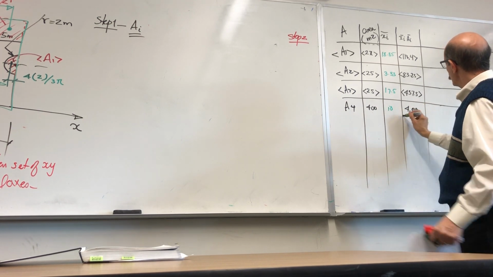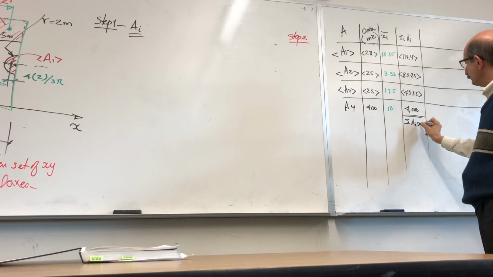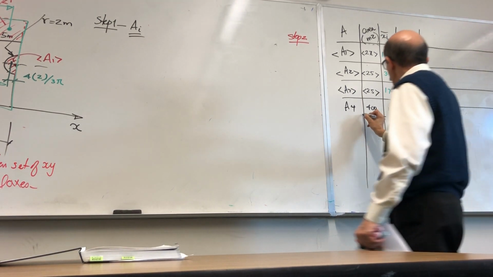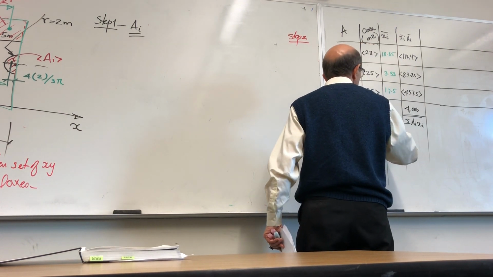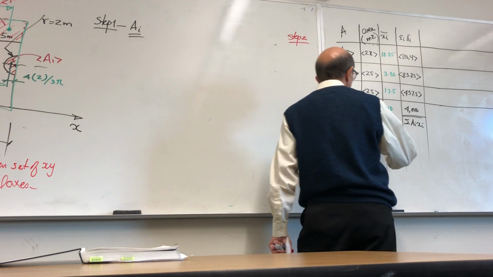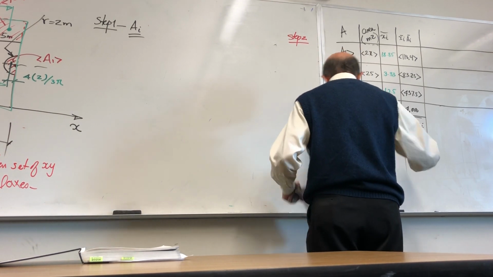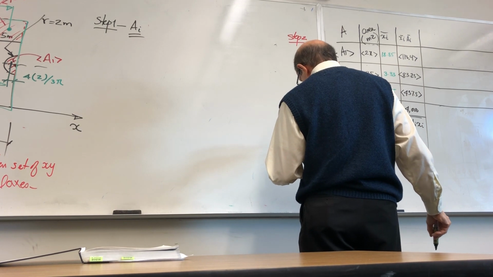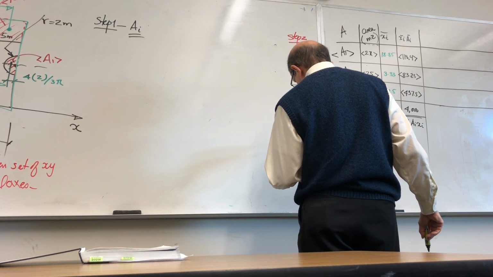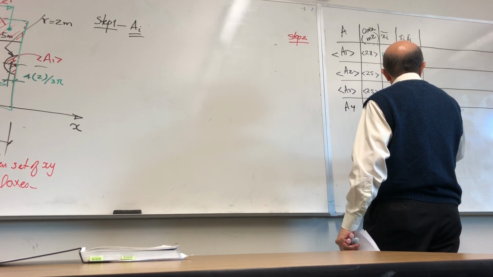This will give you the summation of Ai xi, 3,361.